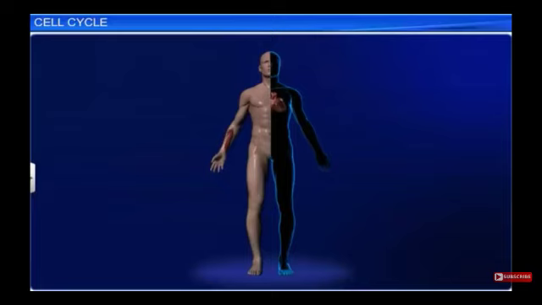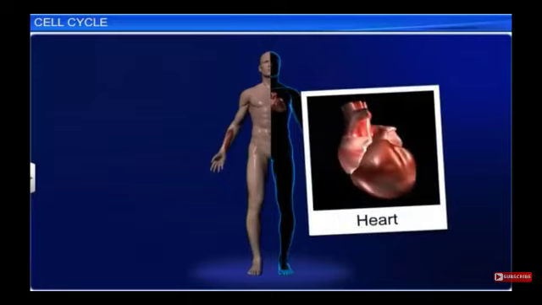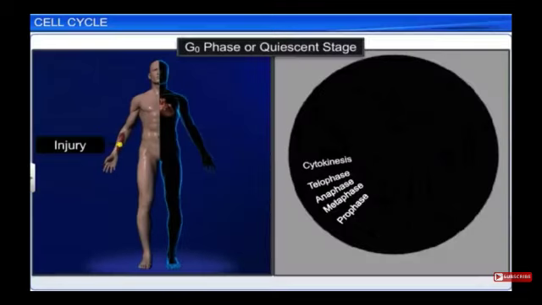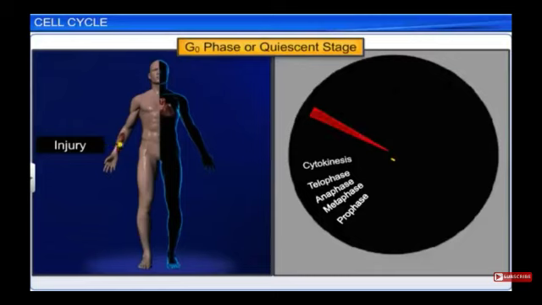In adults, for example in humans, some cells like those in the heart do not appear to display cell division. Animals also have many cells that divide occasionally, only to replace cells due to cell death or injury. Thus, such cells do not divide regularly. That type of cells exit the G1 phase and enter the phase called the G0 phase or the quiescent phase.